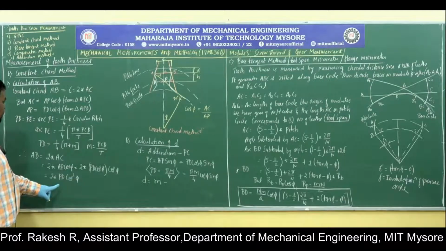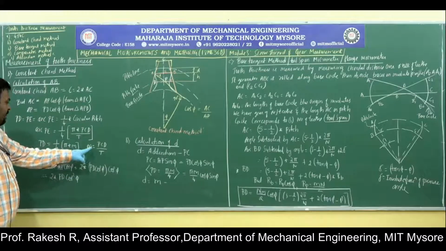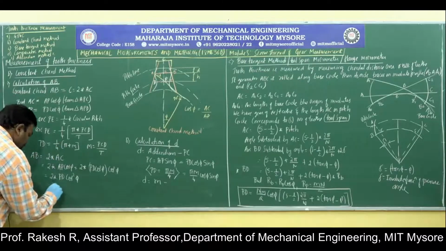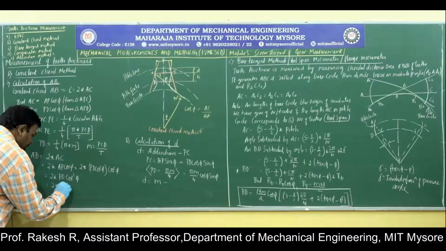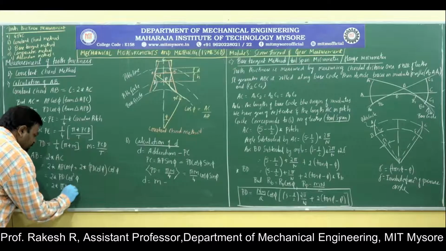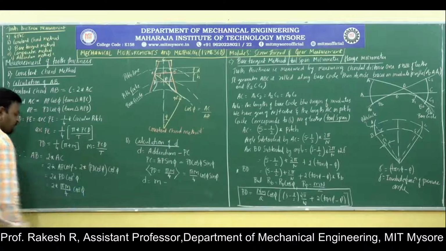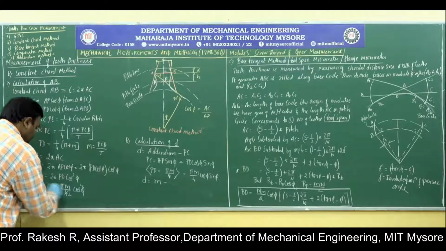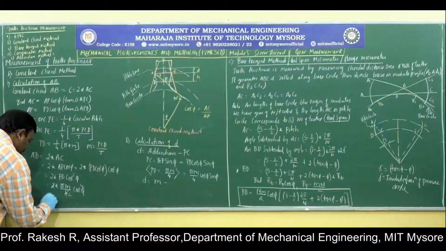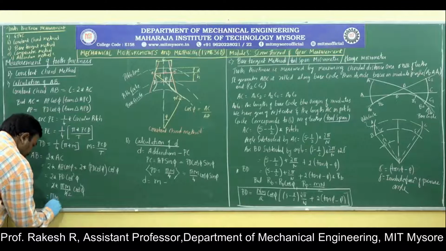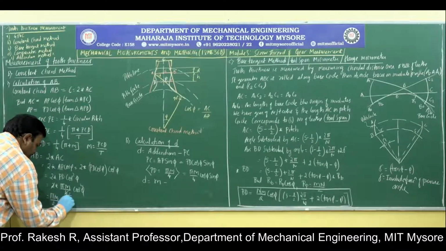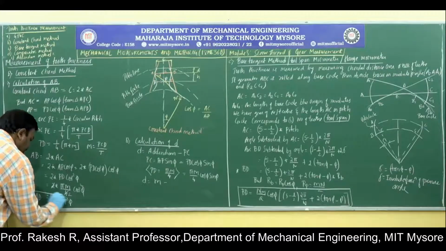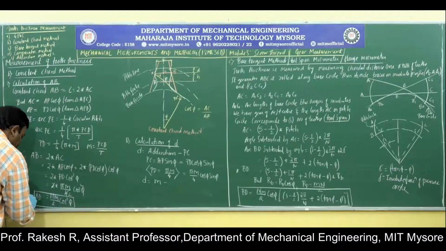Then what is PD? PD directly I will be writing pi into m divided by 4. 2 into pi into m divided by 4 into cos square phi. 2 1s are 2, 2 2s are 4. Then it will be pi m by 2 into cos square phi. So this is AB. AB is nothing but it is a width.